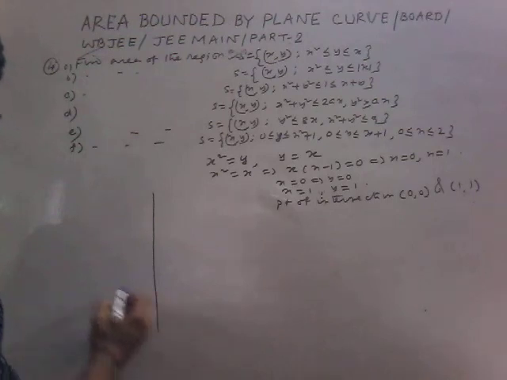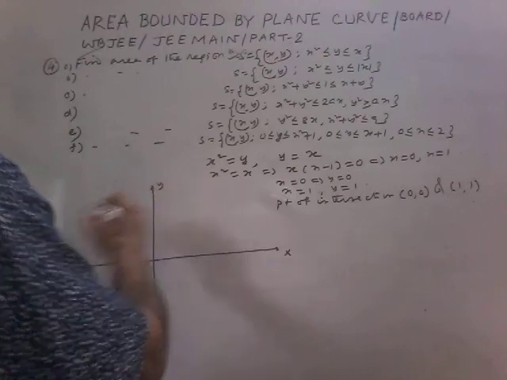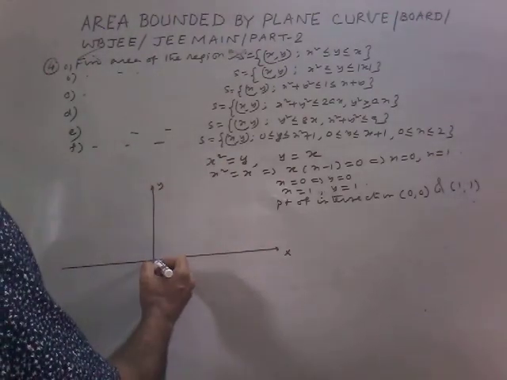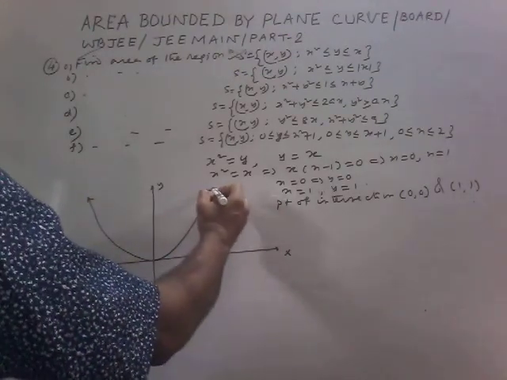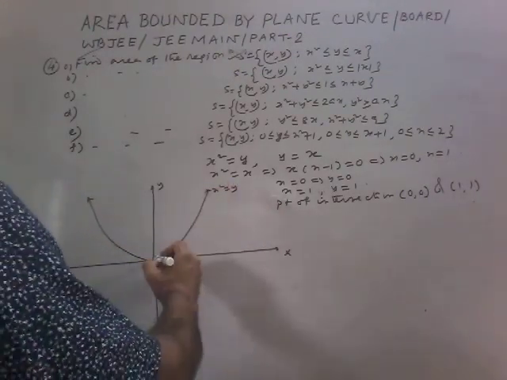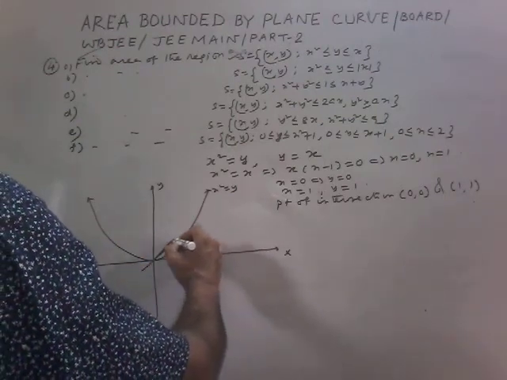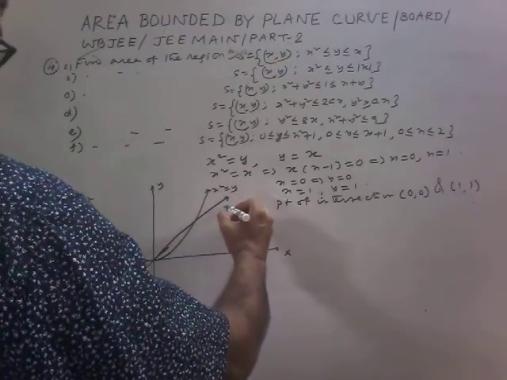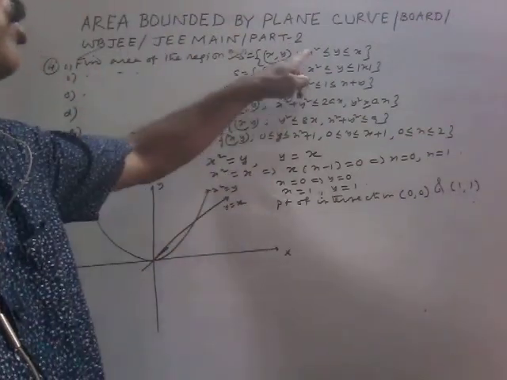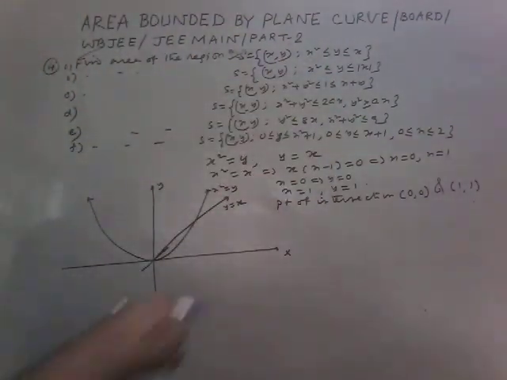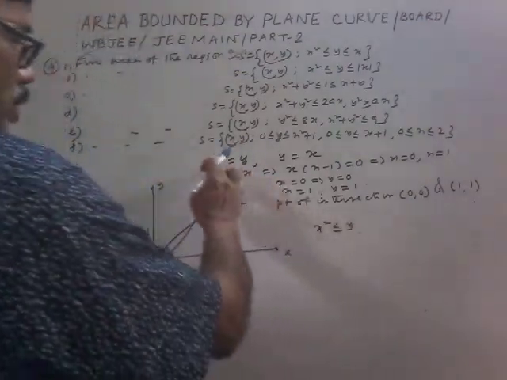Now draw the figure. This is the x-axis, this is the y-axis. The parabola is x square equals y, and the straight line is y equals x. Now look, x square less than or equal to y is the parabola.